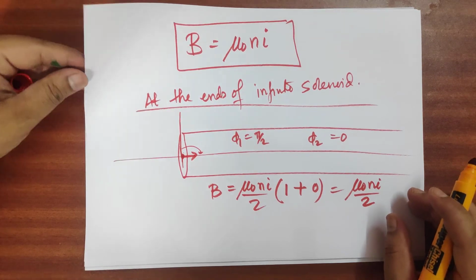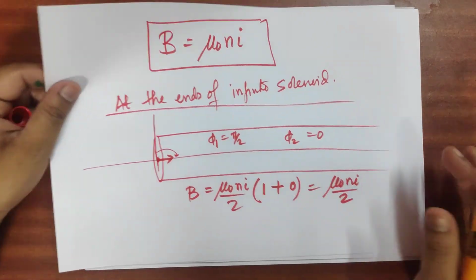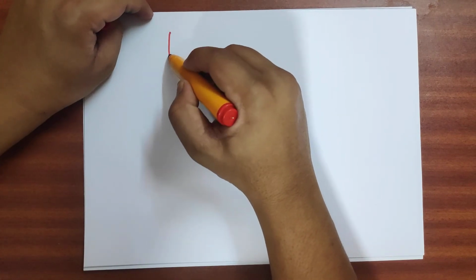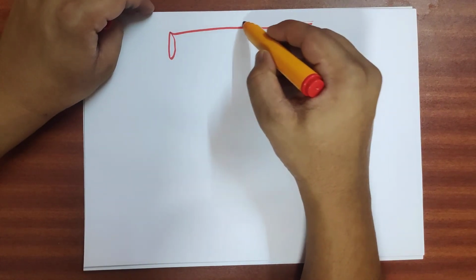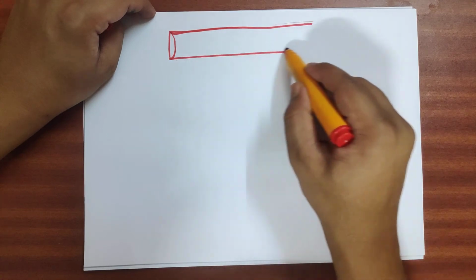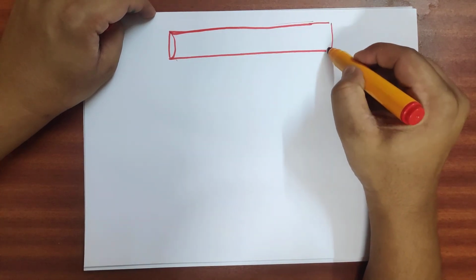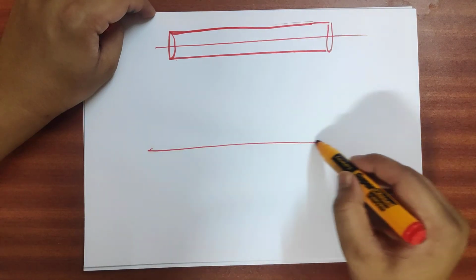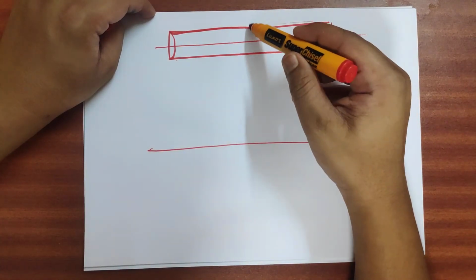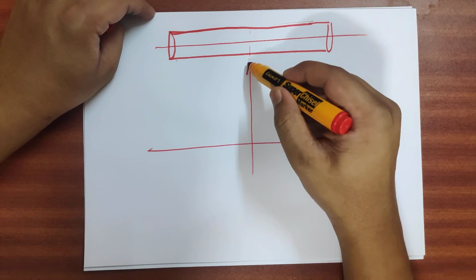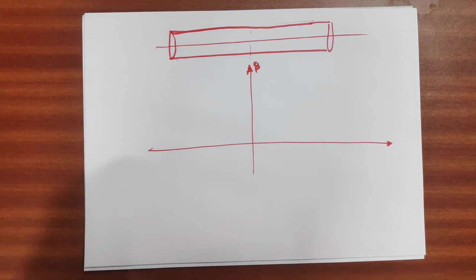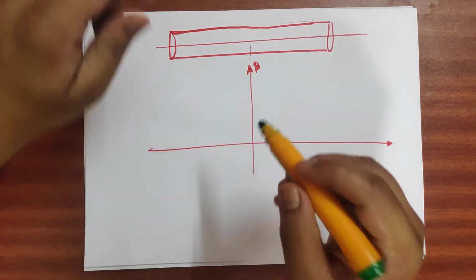So what happens actually here? For the infinite length solenoid, if I draw a long solenoid, long means the radius is very small compared to the length. If I draw the magnetic field versus x, B versus x, then around the middle part the field is, as you have seen in the formula, mu 0 ni.